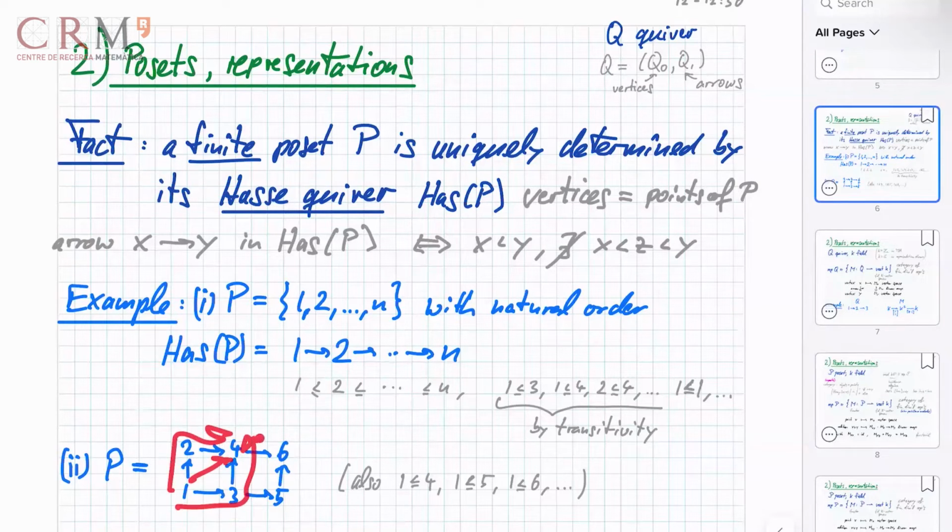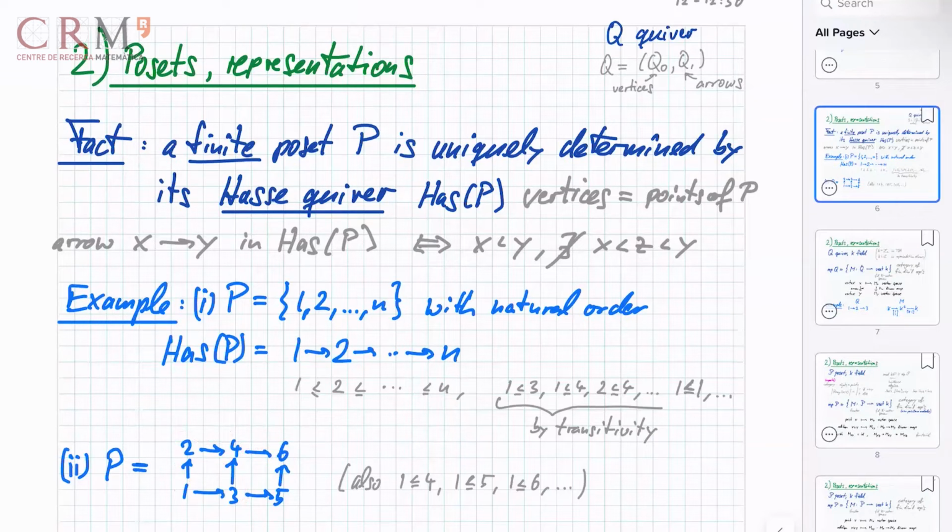This is a condition on the quiver representation. If the quiver is the Hasse quiver of a poset, then I need to insist that any two parallel paths commute. Okay, that's good. Now, this is an important point. Thank you for pointing this out.